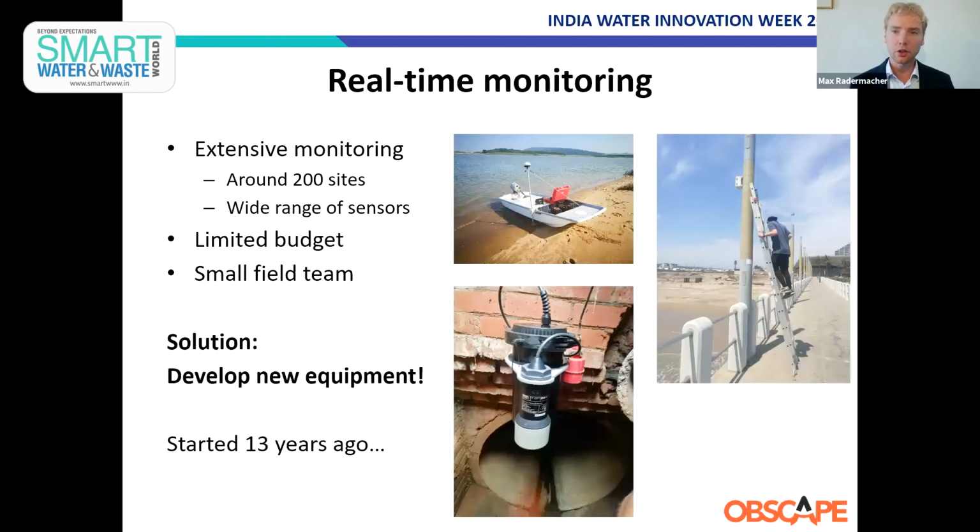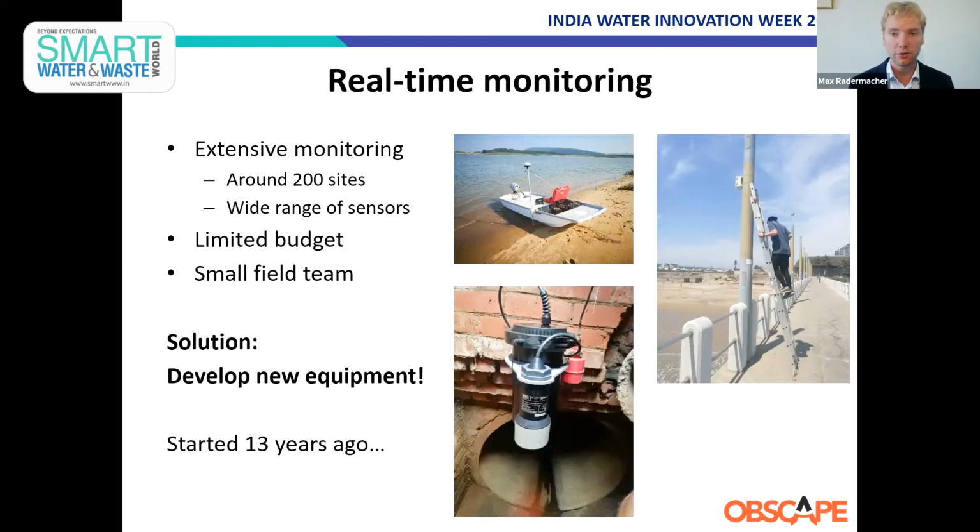Around 13 years ago, Obscape was selected by the municipality of Durban to set up an extensive real-time monitoring program to address all these complex water systems. And by the time Obscape was still a local survey company in South Africa, the task posed by the municipality was very extensive.